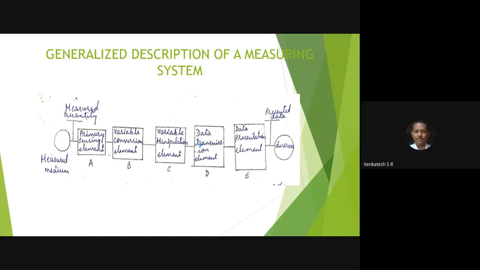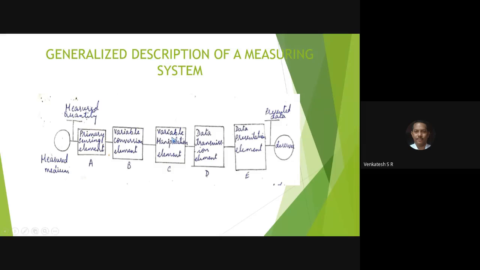voltage signal. In the variable manipulation element, the signal coming from the variable conversion element is amplified into an analogous signal.